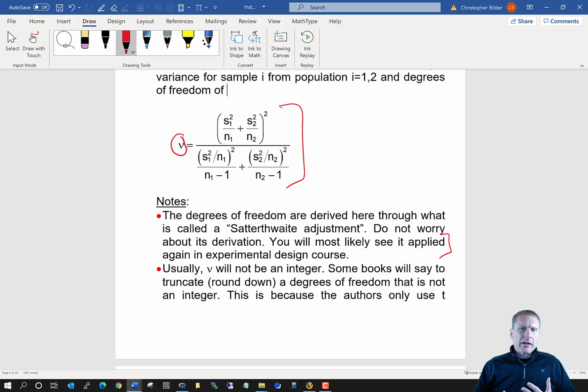Now, again, this degrees of freedom is going to be an approximation. So it just so happens that this corresponding degrees of freedom can be, or most likely will be, not an integer value. So don't worry about that at all if you get a non-integer value for your degrees of freedom.